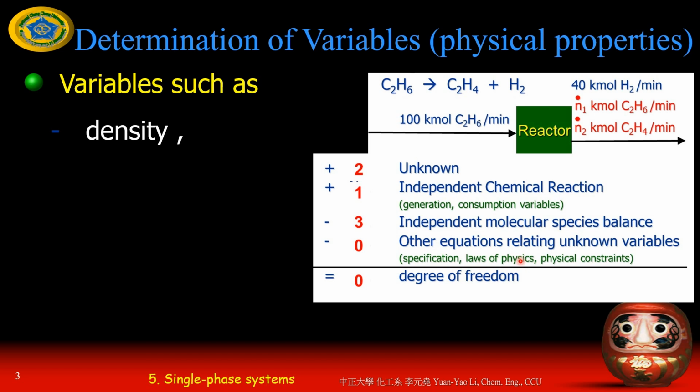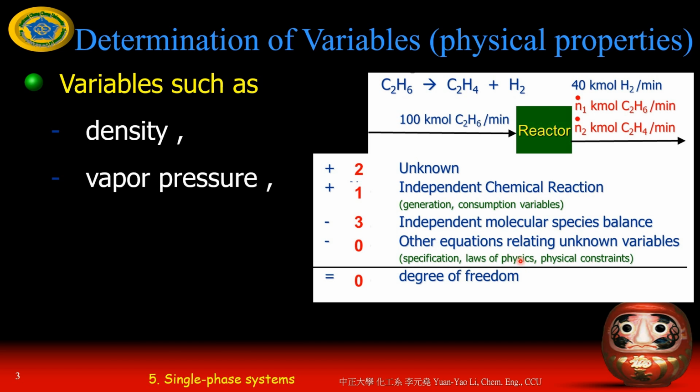But if I tell you there is a mixture of water and ethanol at 20 Celsius, please find the density of this mixture. What can you do? Measure it or check the book, right? In chapter 5, we are going to tell you how to find the density of a mixture, liquid or gas.